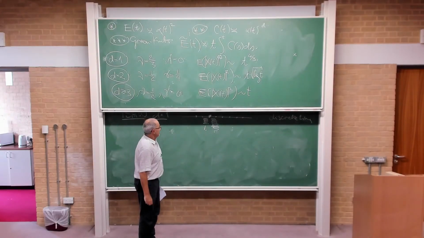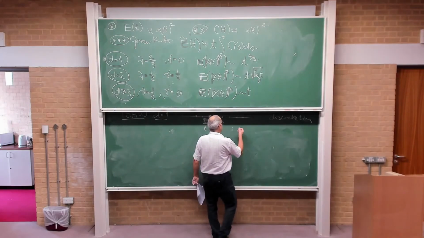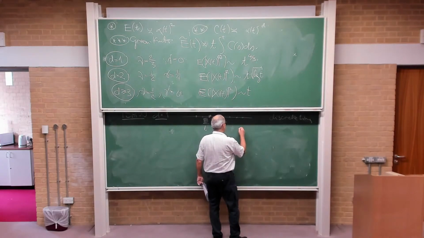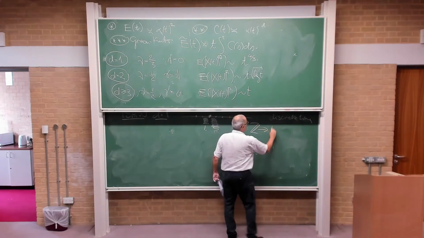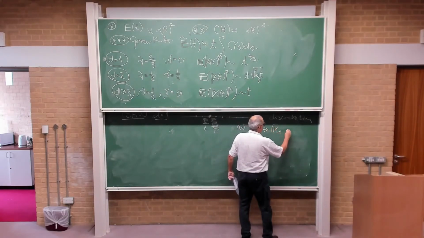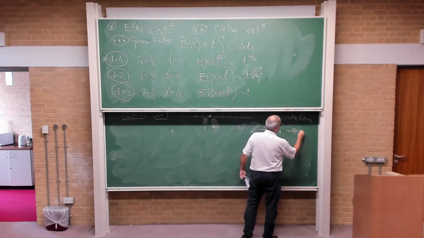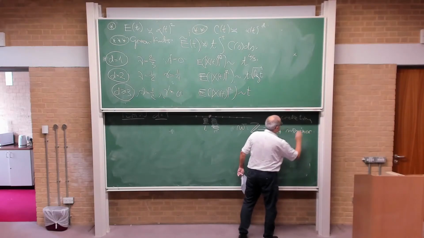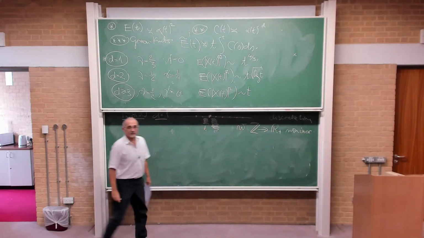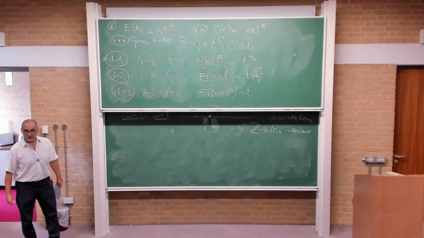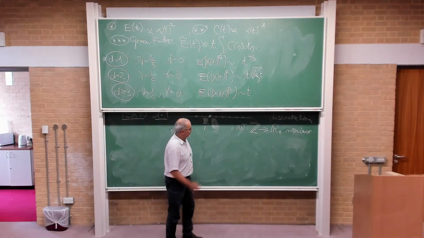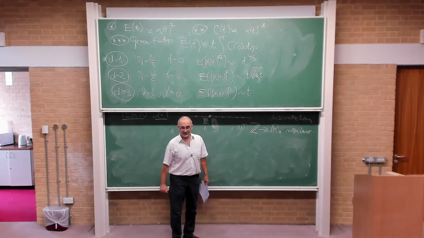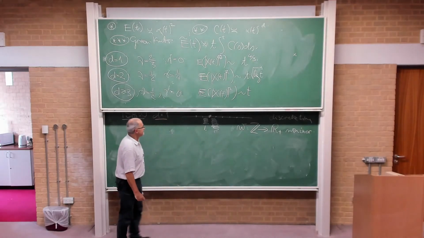And you have as ingredient your favorite non-increasing function, just not constant. Constant is no good. A function which is non-increasing, and at least at one value it decreases, right?